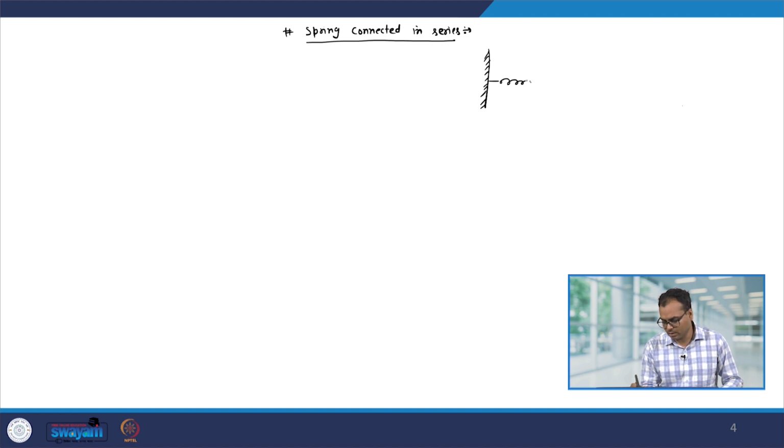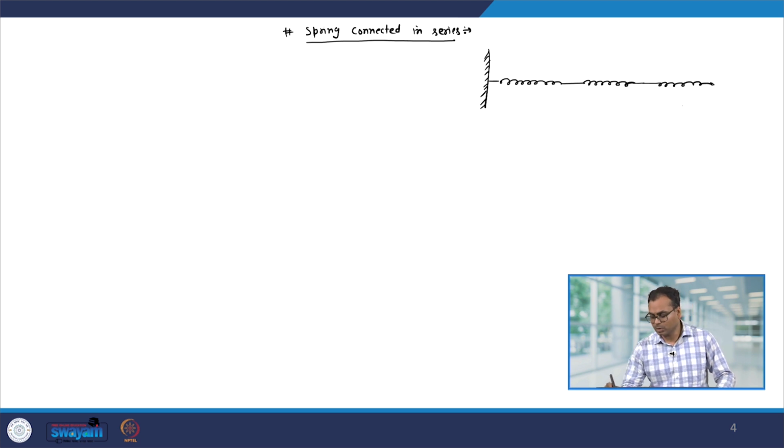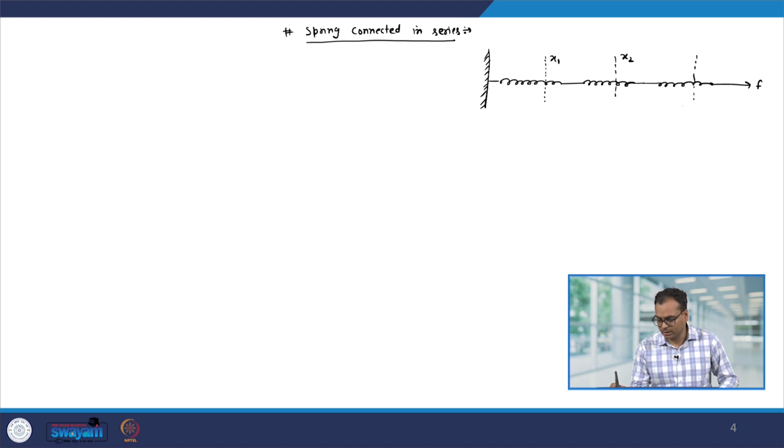We have a spring, then another spring, and then another spring, and a force F is applied. When the force F is applied, all the springs are going to experience an extension. Let us say the first spring experiences an extension of x1, the second one x2, and the third one x3.